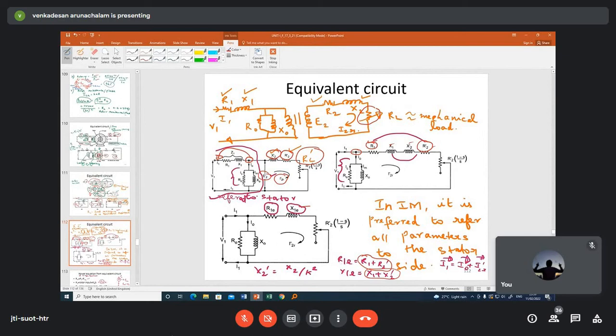This is very similar to the transformer equivalent circuit referring to the primary side. X2 dash is X2 by K square, R2 dash is R2 by K square. So whatever analysis we have done in the transformer, transferring secondary side to the primary side, here it is very similar: rotor side parameters to the stator side. Till now, any doubt?